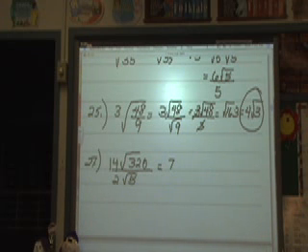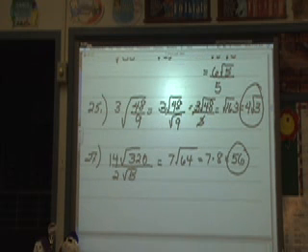And does 5 go into 320? Yes. And then that would throw it out of the denominator, wouldn't it? So we just have 7 radical 64. What's the square root of 64? Oh, 8. So the answer is 7 times 8, which equals 56. Right.